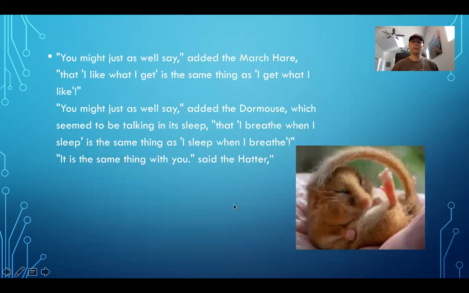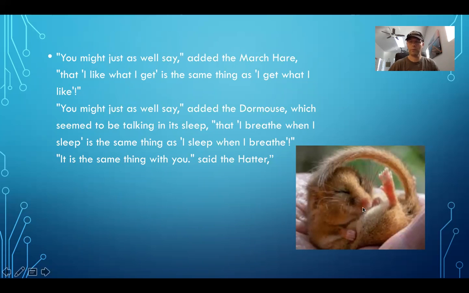"You might just as well say," added the March Hare, "that 'I like what I get' is the same thing as 'I get what I like.'" "You might just as well say," added the Dormouse, who seemed to be talking in its sleep, "that 'I breathe when I sleep' is the same thing as 'I sleep when I breathe.'" "It is the same thing with you," said the Hatter.